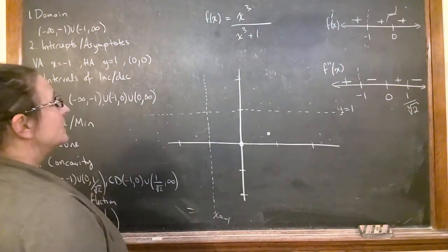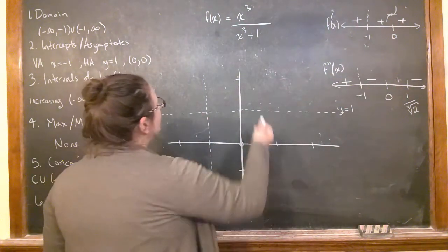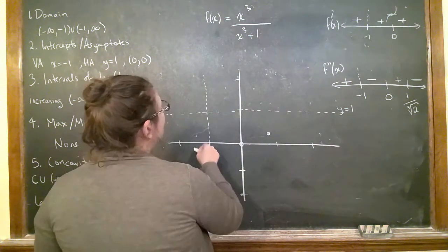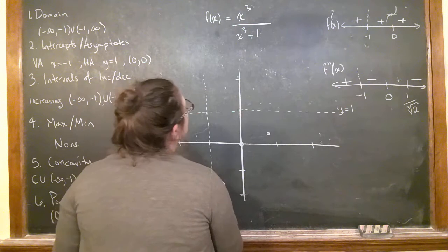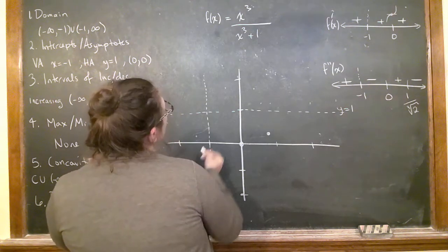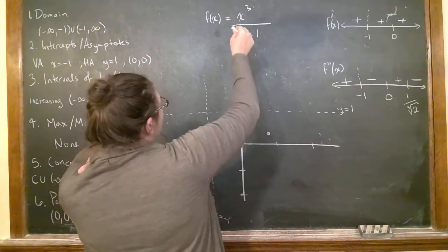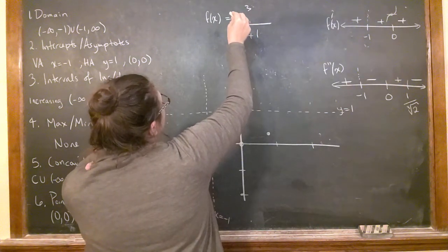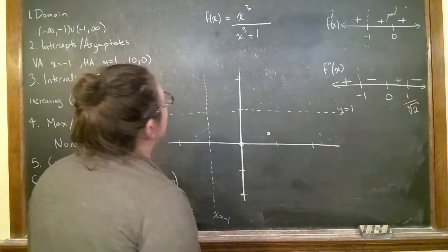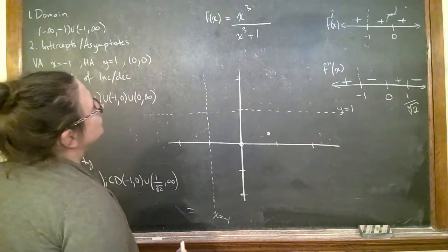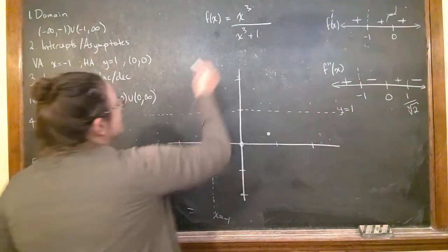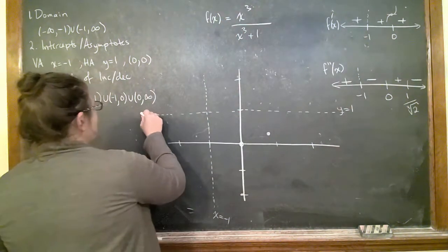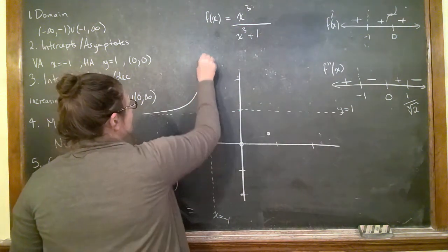If I'm on the left-hand side of -1, then there's something negative on top, and if I put in -2, it would be something negative on the bottom. So the function itself is going to be positive, right? So it makes sense. It's going to do this.